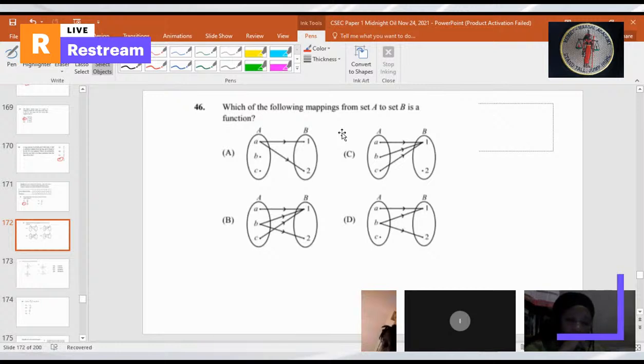Once each of them is going to something in B, does that mean it's a function?